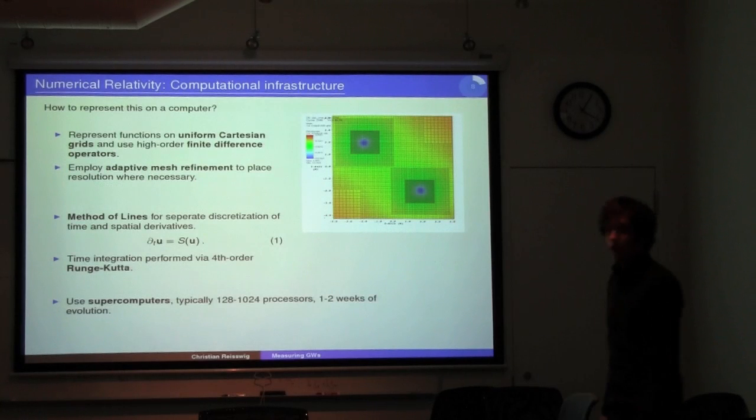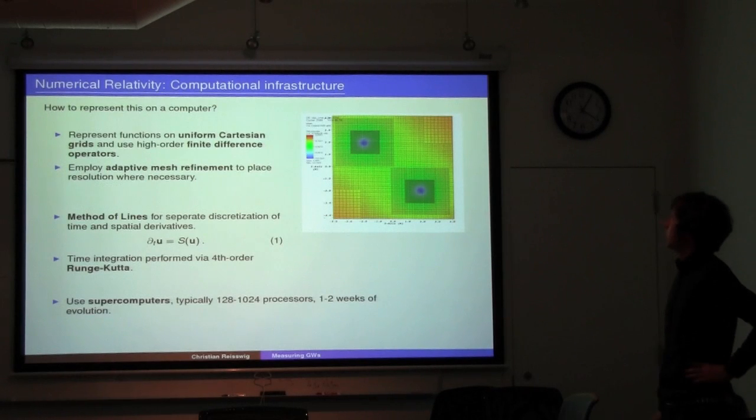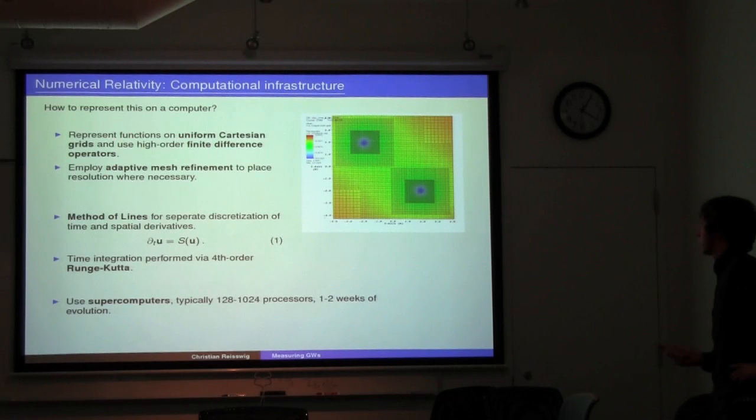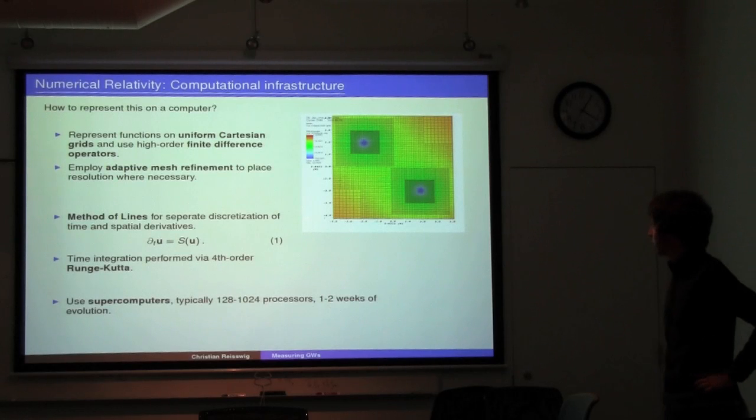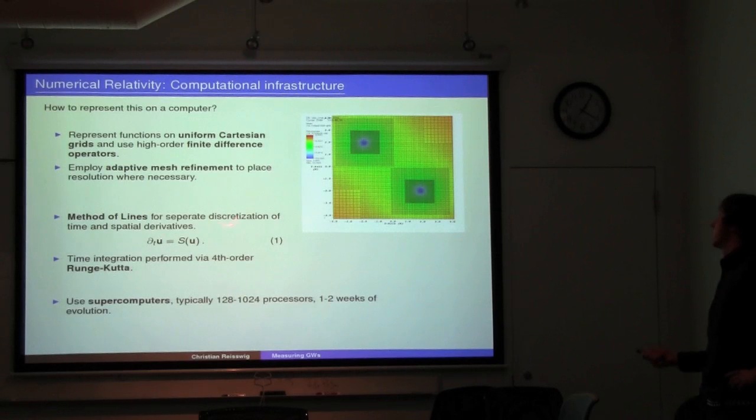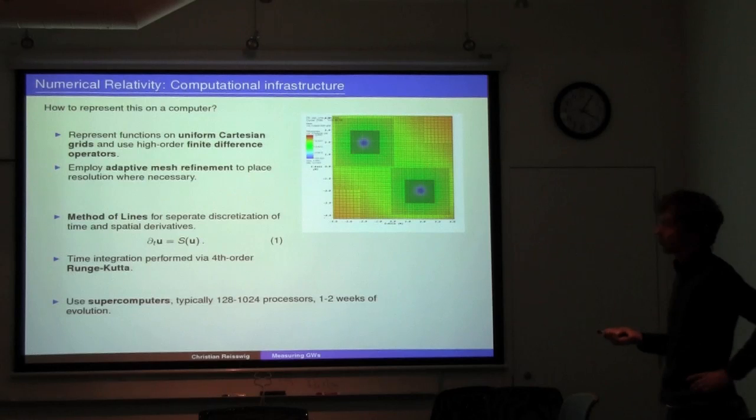In our particular case, we represent the metric fields on uniform Cartesian grids and use finite difference operators to approximate the derivatives. We also use adaptive mesh refinement to place resolution where it is necessary, particularly around the black holes where the curvature components are strong.